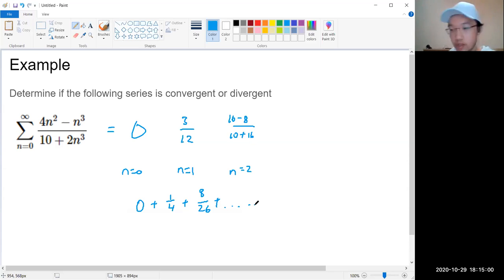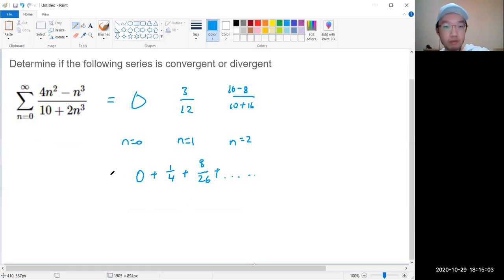So that's how the series looks. From this information, is it obvious whether or not this converges or diverges? Divergent? Maybe. Why do you say divergent?